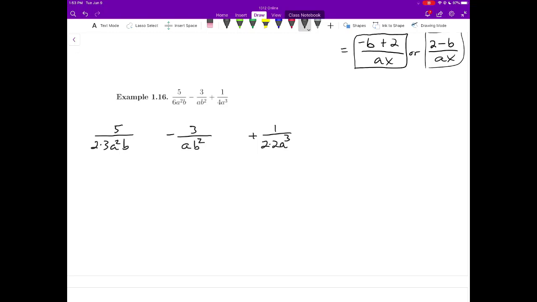So starting at this first denominator, I'm going to scan the other fractions, figure out what factors the other denominators have that are not present here. I can see that it needs to pick up another factor of 2.